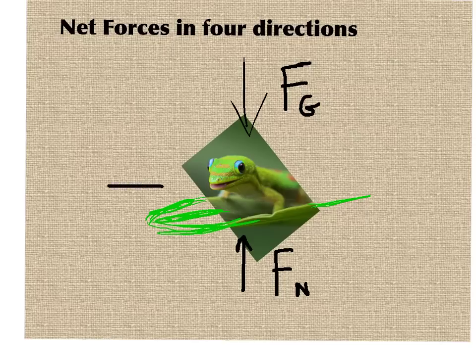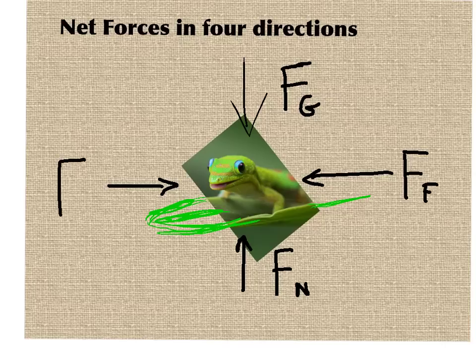But then he's also got the frictional forces here. So we have force of friction in both directions. Let's make sure he's not sliding around. So these are net forces in four directions, and we'll just keep it at four directions. We could go 6 or 12 or all sorts of directions, but right now we're just going to keep it in four.